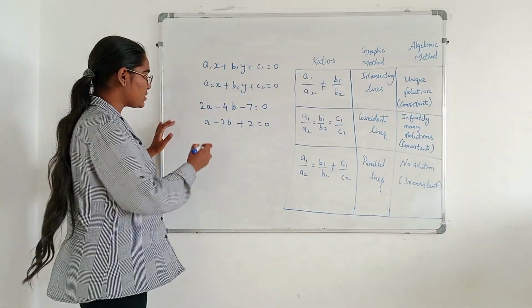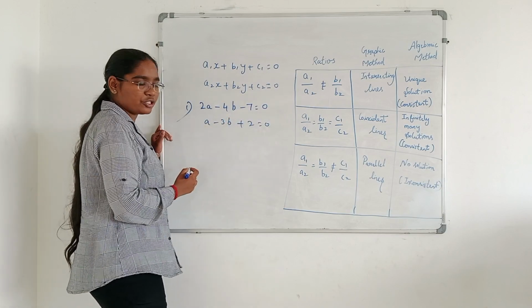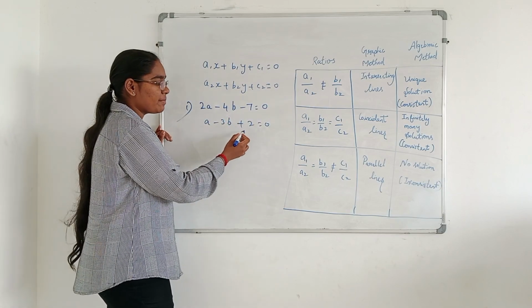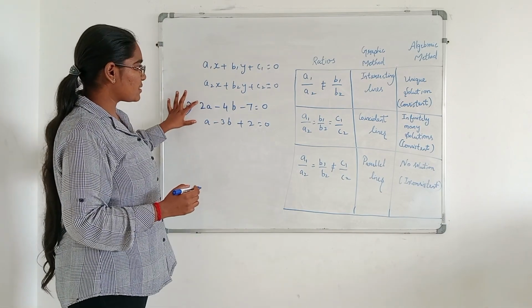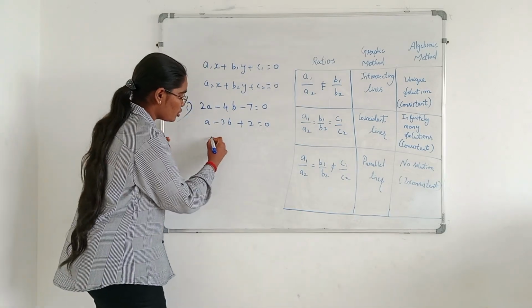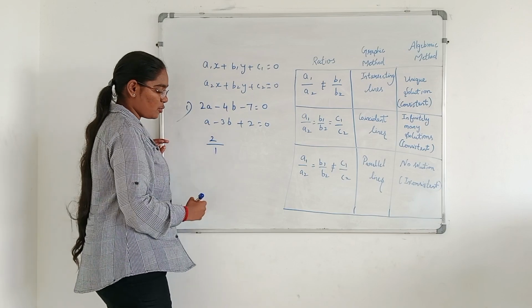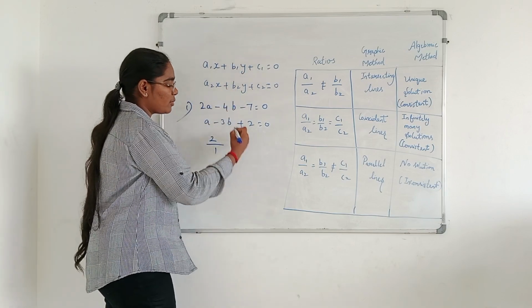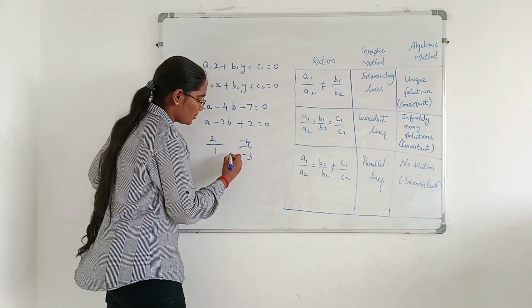Here the question is 2a minus 4b minus 7 equal to 0, a minus 3b plus 2 equal to 0. Comparing with the equations, the value of a1 is 2, a2 is 1, b1 is minus 4, and b2 is minus 3.